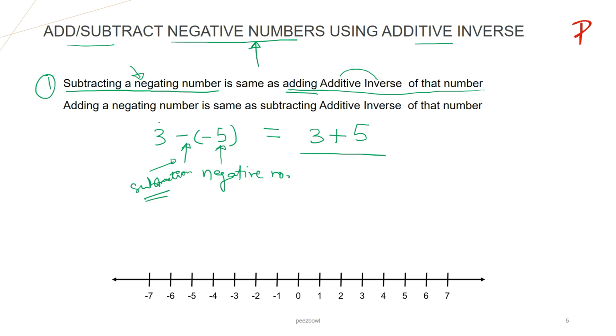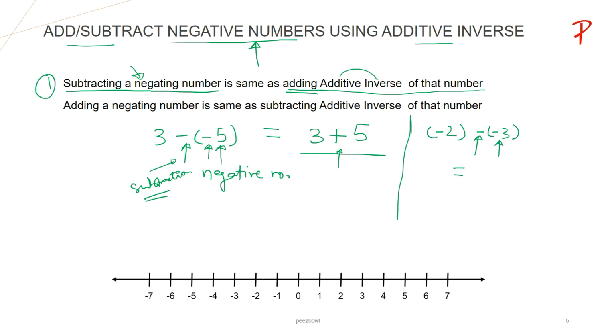And this says that subtracting a negative number minus 5 is same as adding plus additive inverse of that number. Additive inverse of minus 5, that is 5. So these are going to be same. Let us take one more example. Minus 2 minus minus 3. Here also I am subtracting a negative number.